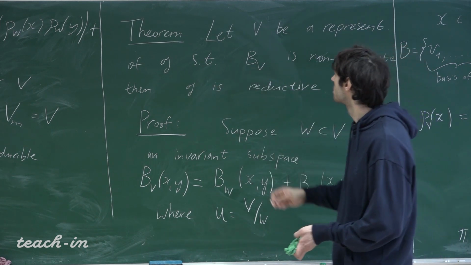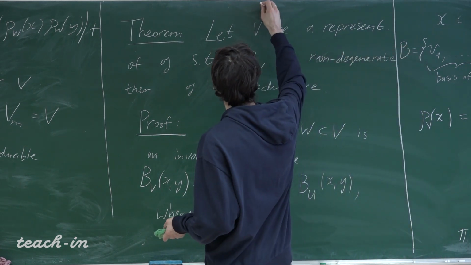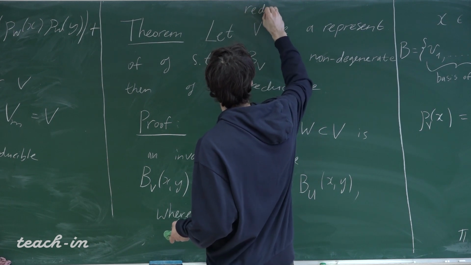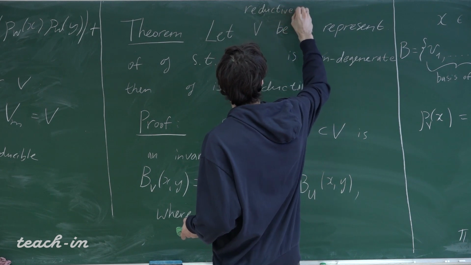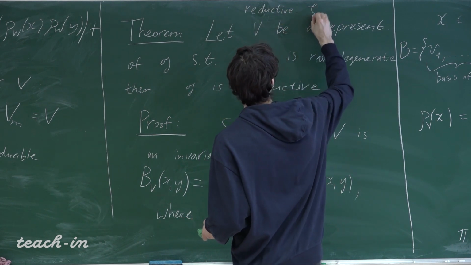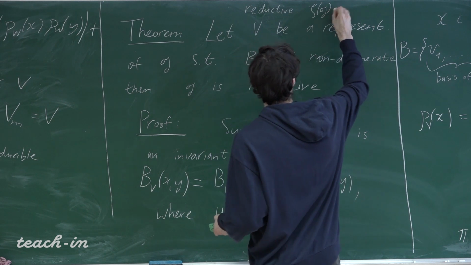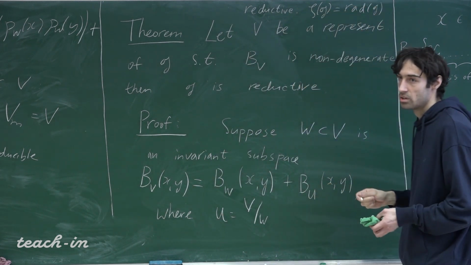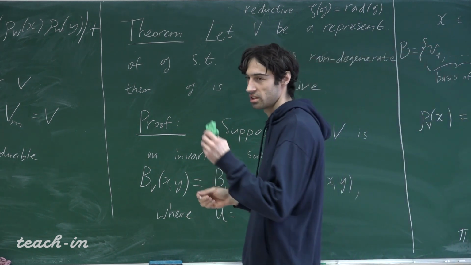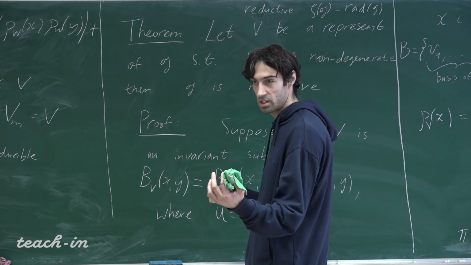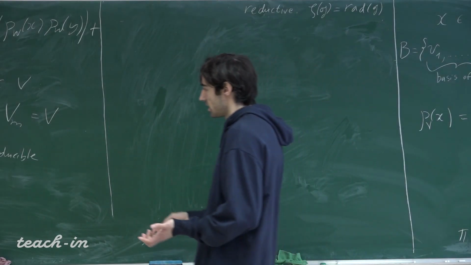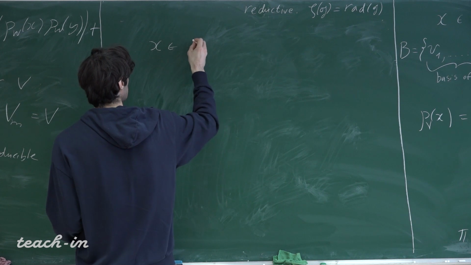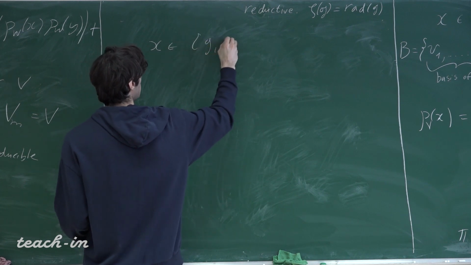Reductive means, as a reminder, the radical coincides with the center, or what is equivalent, the commutant of G with radical is 0. So let me take x from the commutant of G with radical G.